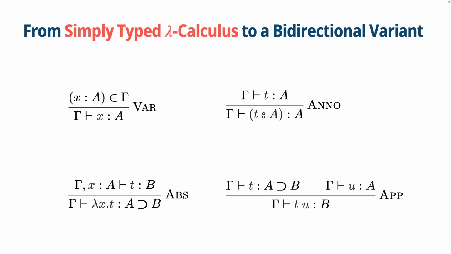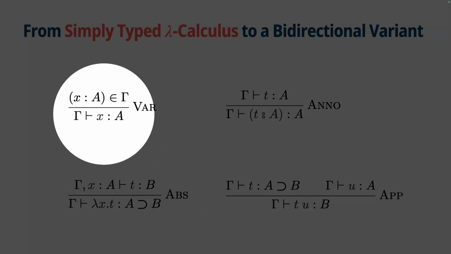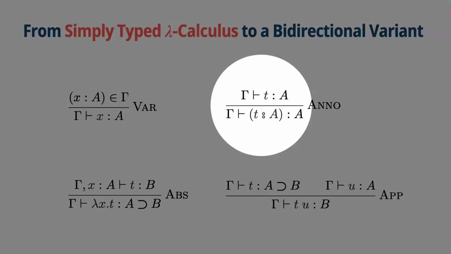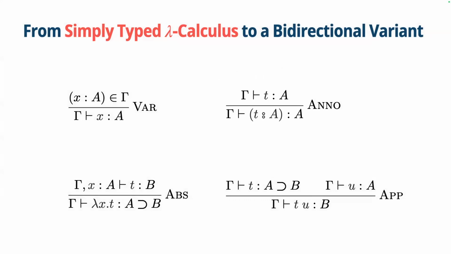That's a typical set of judgments to describe STLC, simply typed lambda calculus. We have these three as the most common ones, and we also have annotation. Annotation just says, this term has this type, so check this for me.